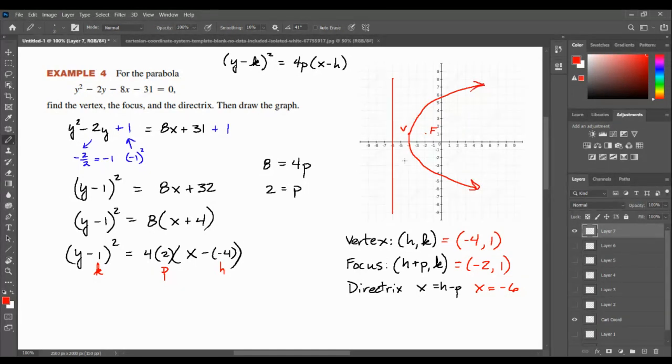So we found the vertex, the focus, and the directrix. We graphed it. That's solving the problem they asked. We had to complete the square, so you will need to remember how to do that. You'll have to use that several times. It works pretty well.